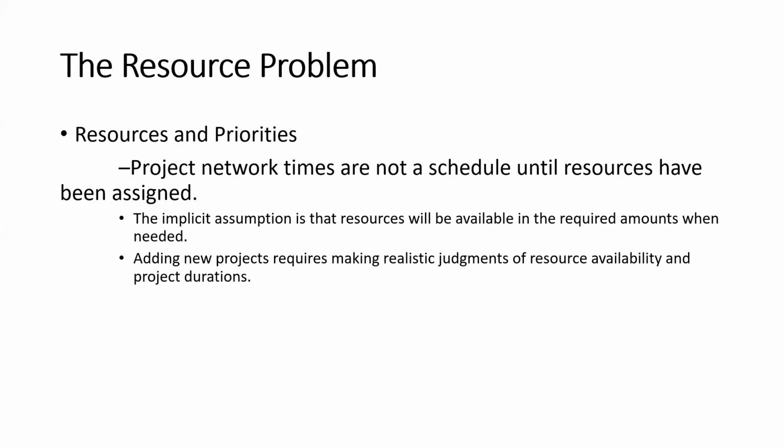So project network times are not a schedule until resources have been assigned. Until we assign resources, we cannot finalize our project network, right? The implicit assumption is that resources will be available in the required amounts when needed. So we are assuming that.